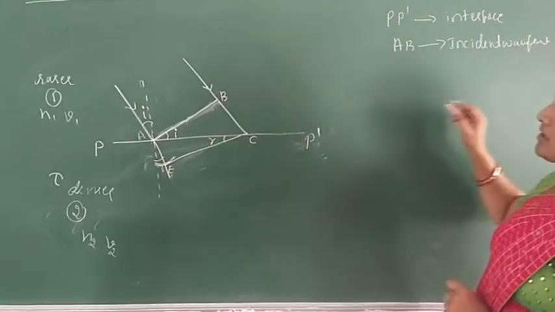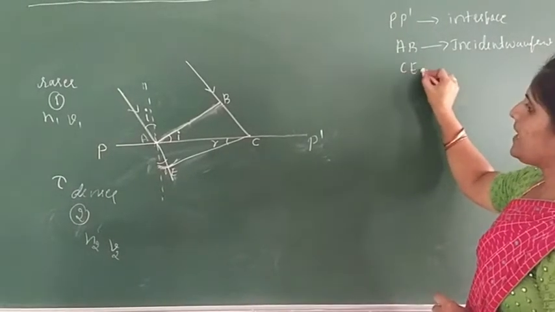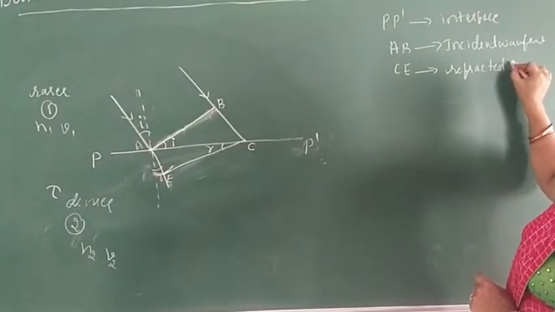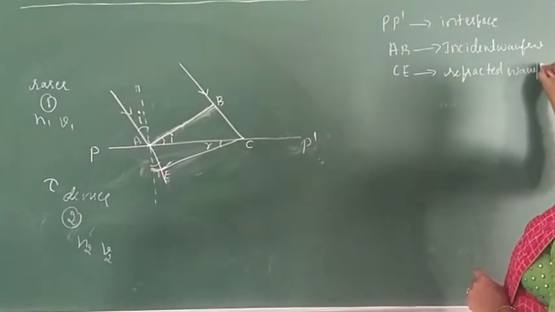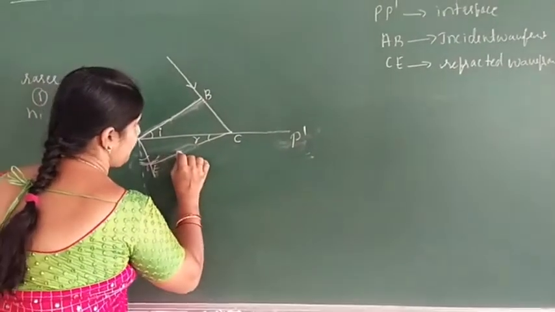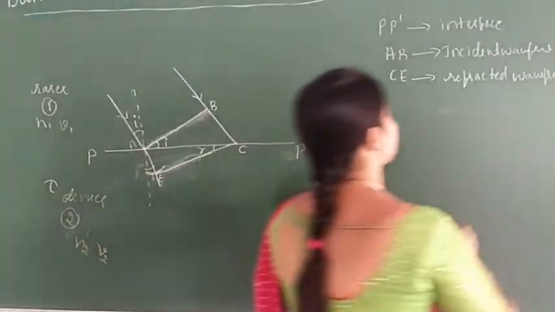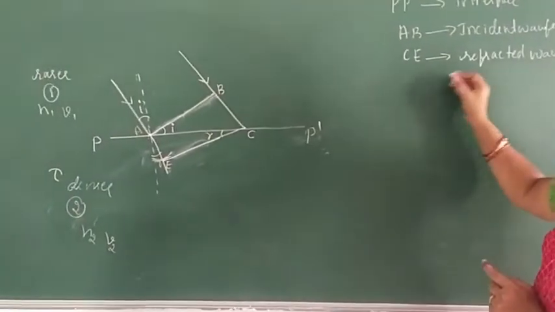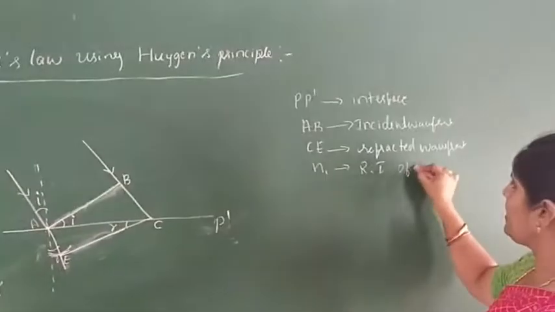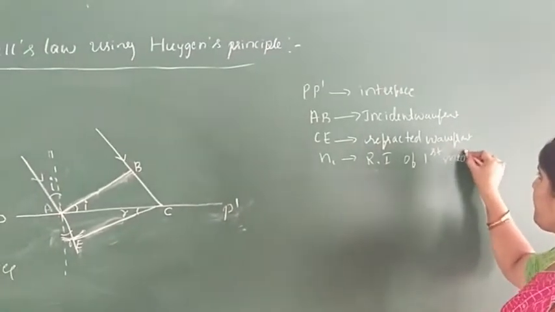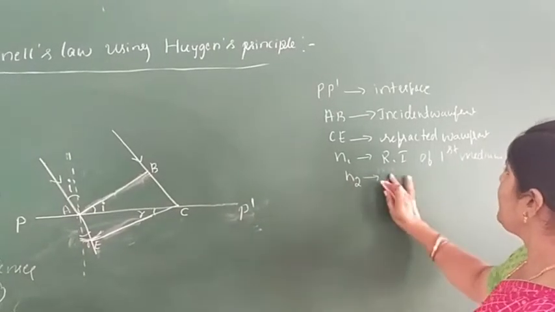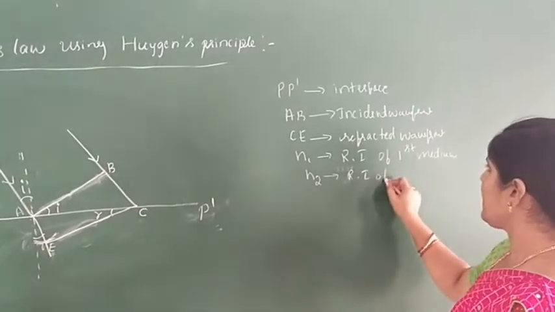Next, CE is the refracted wavefront. n1 is the refractive index of the first medium. n2 is the refractive index of the second medium.